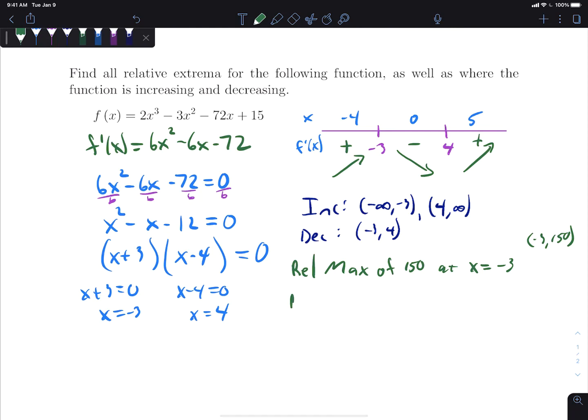Now, there's also a relative minimum, and that occurs at 4. And that's at negative 193. So a relative minimum of negative 193 at x equals 4. And there you go. Again, that would be the coordinate 4, negative 193.